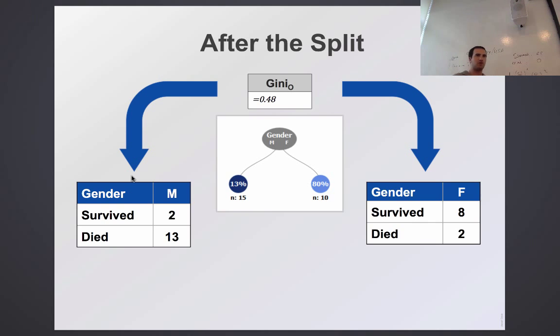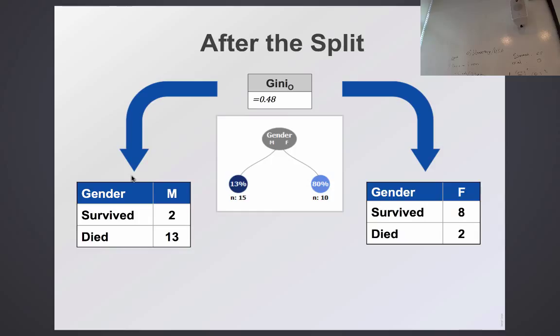I'm trying to use as little terminology as possible because I feel like I'm getting confusing. We want a lower Gini. Lower Gini, good. 0 Gini, great. 0 is the best because then it's very easy to say, oh, cool, 100%, it's easy. So, if we split it between male and female, we are creating 2 subcategories.